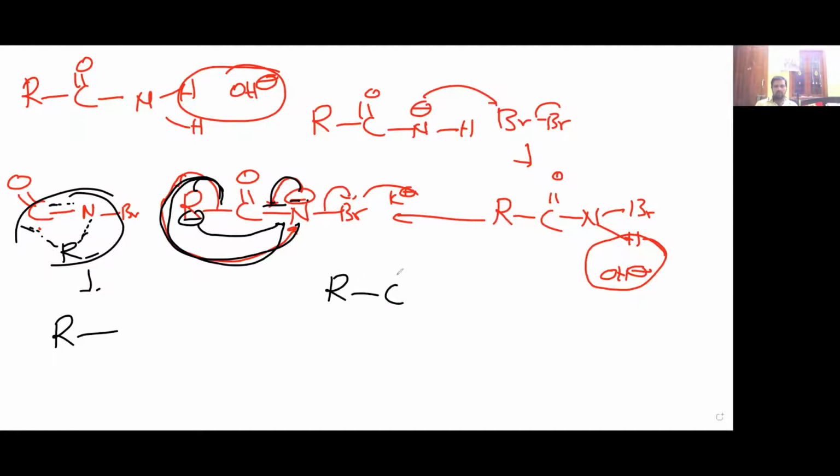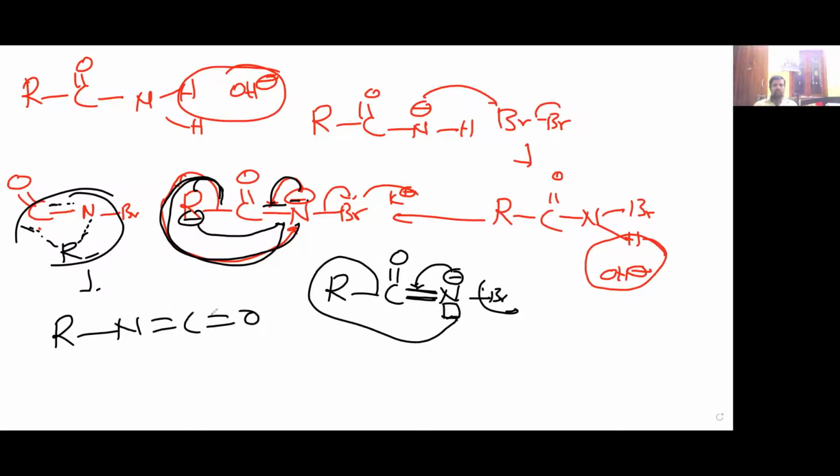Here R, C double bond O, N, Br is there. Keep remember, negative charge is shifted. It's forming a double bond. It's like nitrene. So here also Br minus, nitrene, empty box. Like this it is. Okay. Finally, what is the product forming? Alkyl isocyanate. Very simple migration.